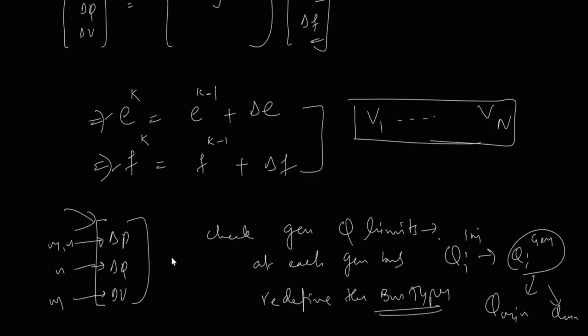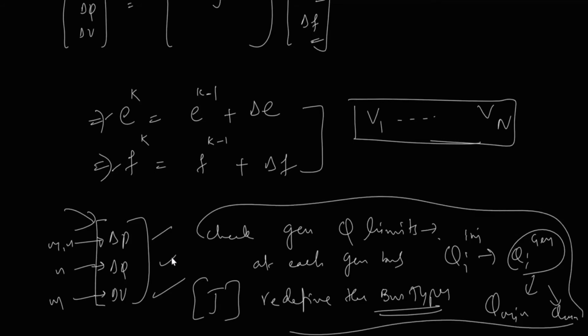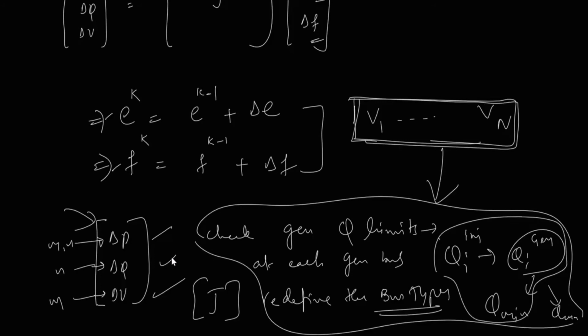Now based on that, you have to calculate the mismatch vector and Jacobian matrix elements. This is very much important. First you have to check, with the initial guess or the voltages obtained from the previous iteration, the generator Q limits. If any bus is violating the limits, then that bus is assumed to be a load bus, and you redefine the bus type and accordingly form the mismatch vector and Jacobian matrix.